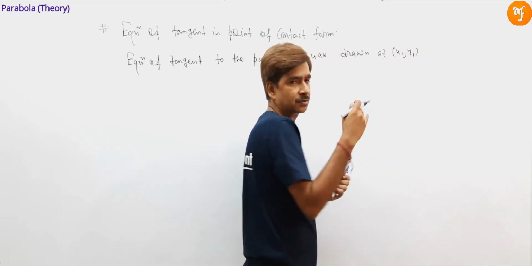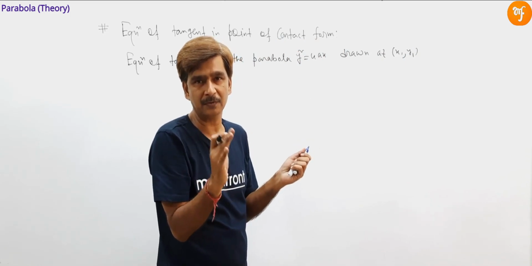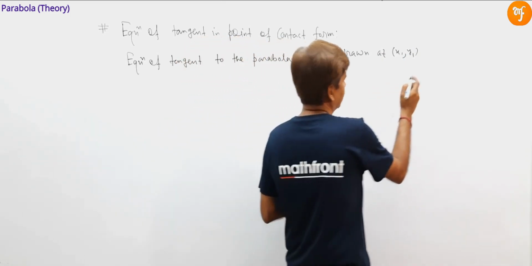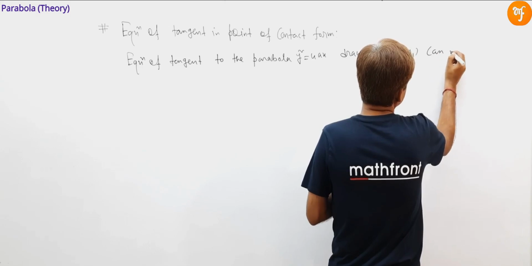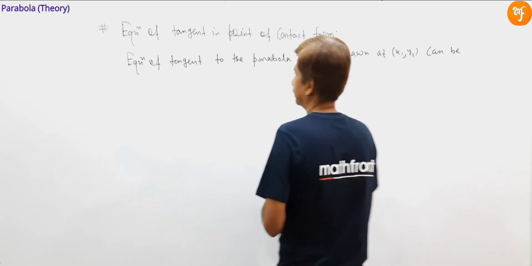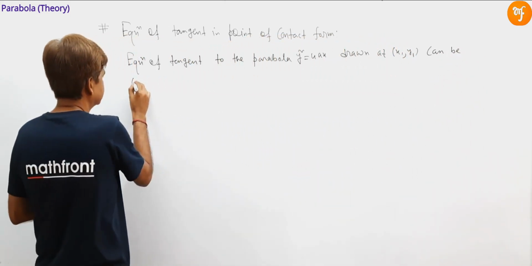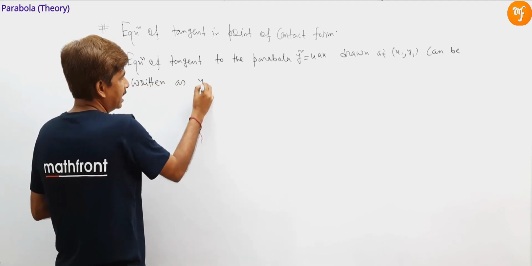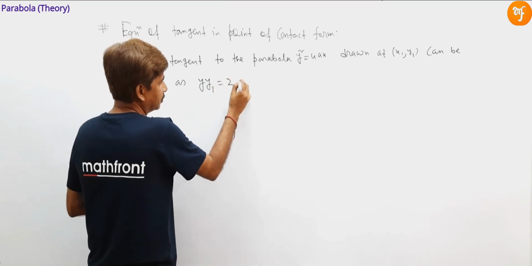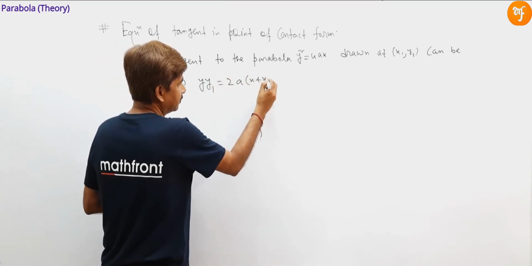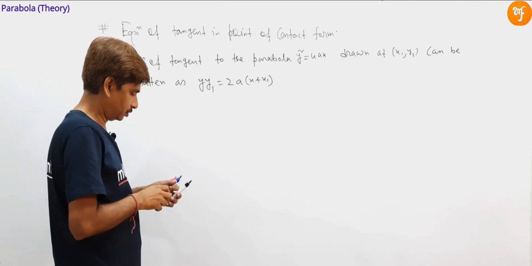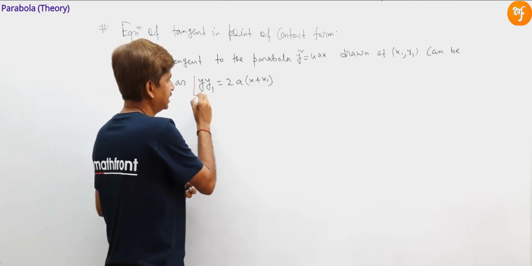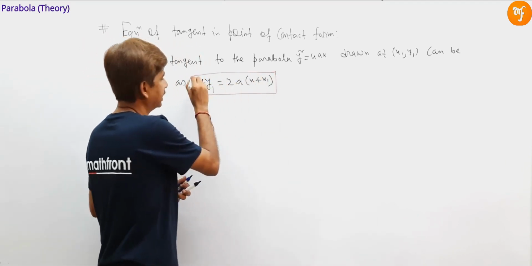That is, the x1 comma y1 point is the point of contact. The tangent drawn at x1 comma y1 can be written as y into y1 is equal to 2a into x plus x1. So please remember this form, very important for your numerical. Clear?